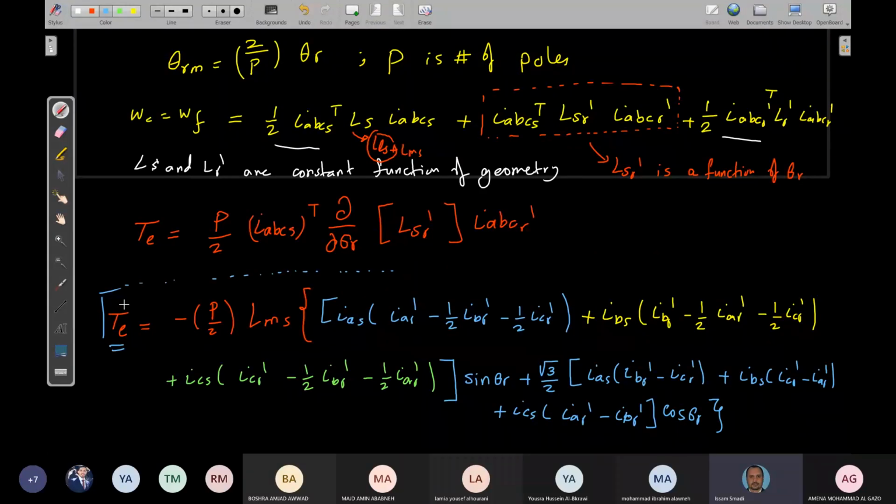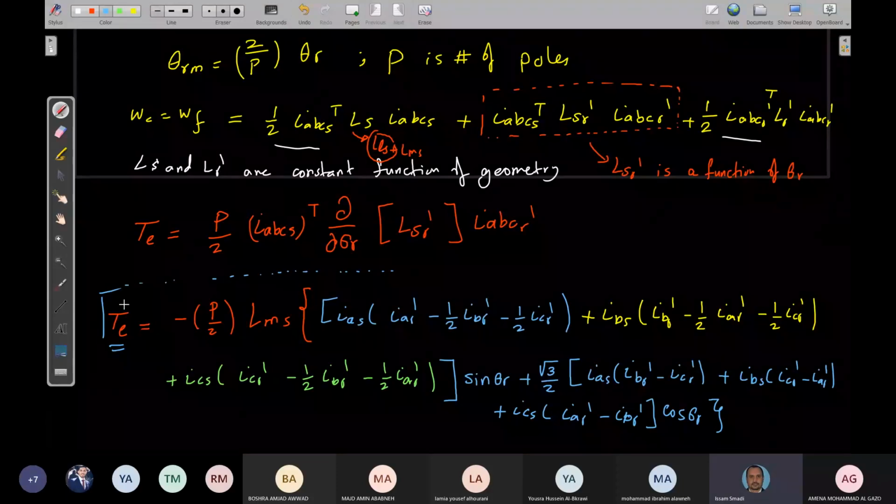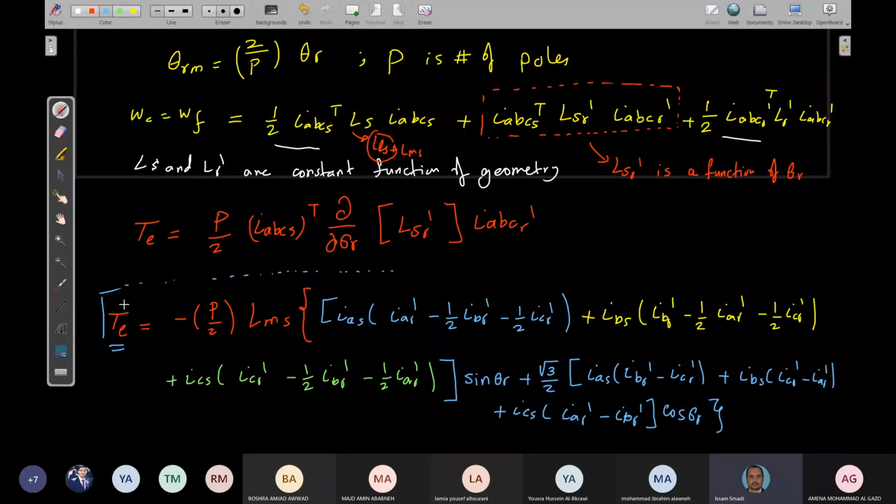So let's assume that for this instant, the machine demands 10 Newton meter of torque. How can I do that? Or let's assume that I need to change the speed from 100 radian per second to 150 radian per second, under load or under no load.